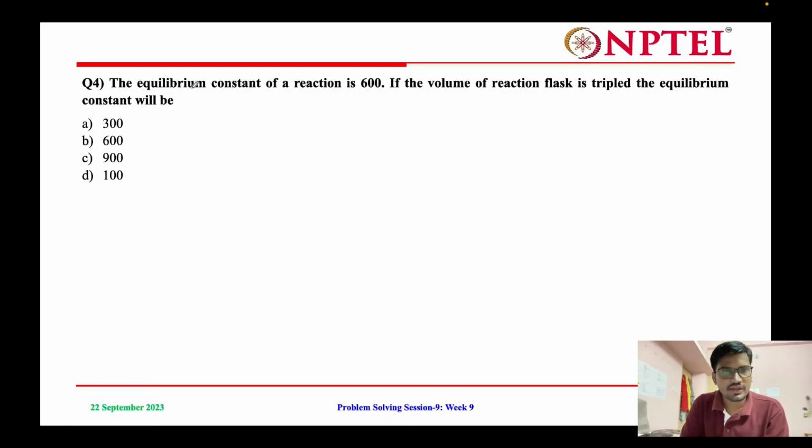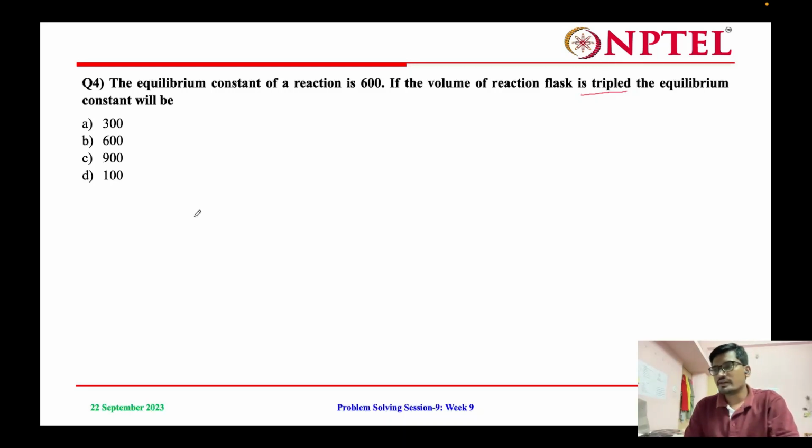Question number 4. The equilibrium constant of a reaction is 600. If the volume of the reaction phase is tripled, the equilibrium constant will be? So here the equilibrium constant is given as 600, and the volume of the reaction vessel is tripled.